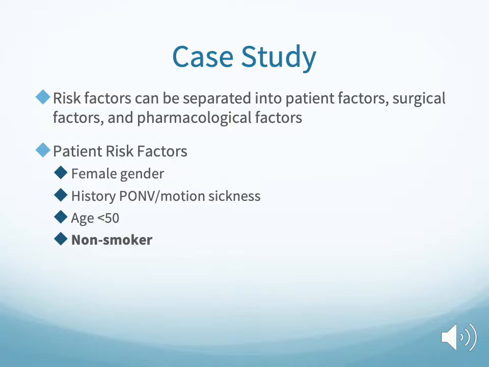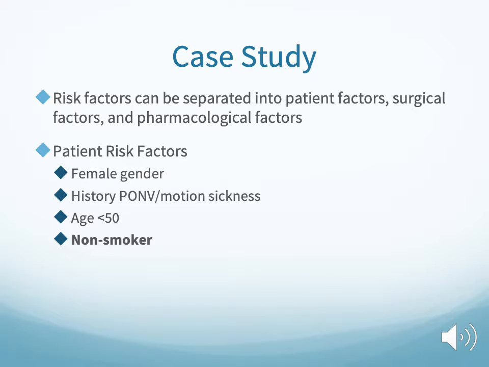Risk factors can be separated into patient factors, surgical factors, and pharmacological factors. As mentioned previously, patient risk factors include female gender, history of PONV or motion sickness, age less than 50, and being a non-smoker. The only risk factor the patient has in this case study is being a non-smoker.